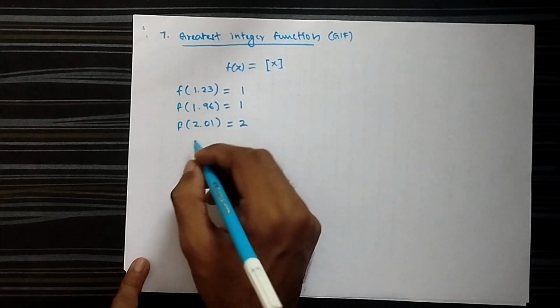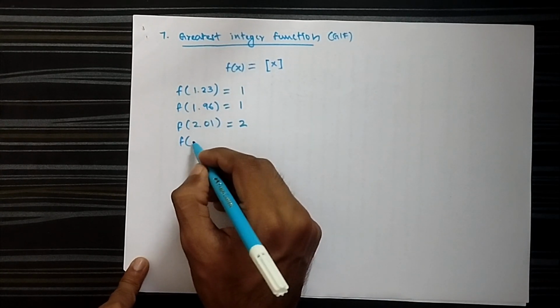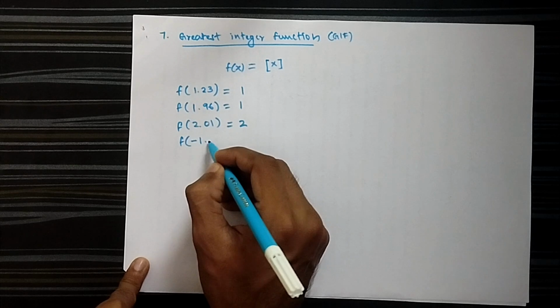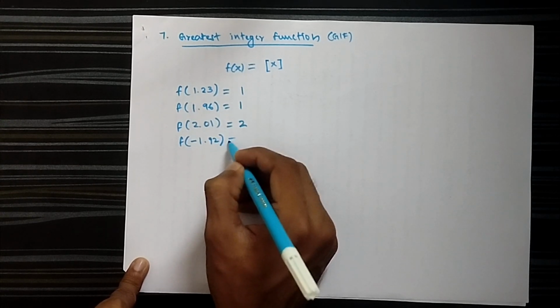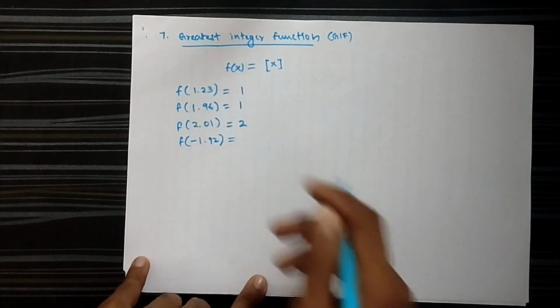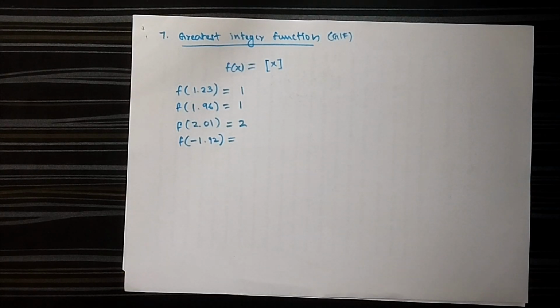For negative numbers, let it not confuse you. Take negative 1.92. In this case, we need the greatest integer which is less than or equal to the number. So it won't be -1, since that is greater than the number. It will be -2, right?